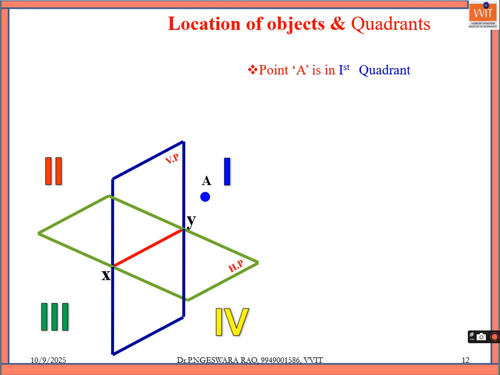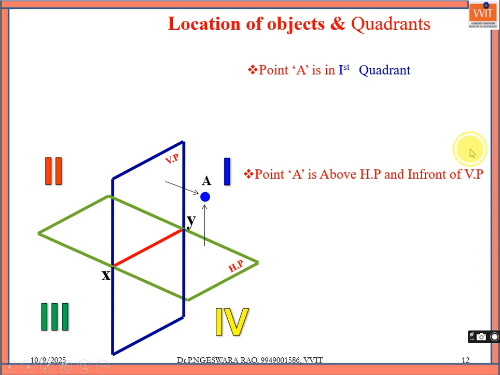By seeing the point A, we can say that it is above HP, above the horizontal plane, and in front of the vertical plane. So whenever the point A is above HP and in front of the VP, then the point A will definitely be in the first quadrant.